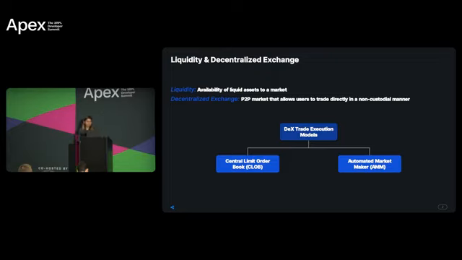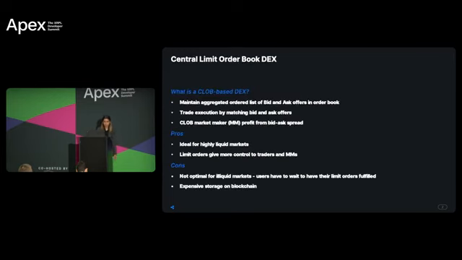Now, in terms of trade execution models, decentralized exchanges provide a unique opportunity with two different flavors or implementations of trade execution. The one is centered around the limit order book based DEXs, and the other one is the automated market maker. So what's a central limit order book based DEX?